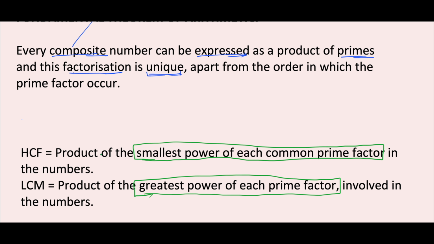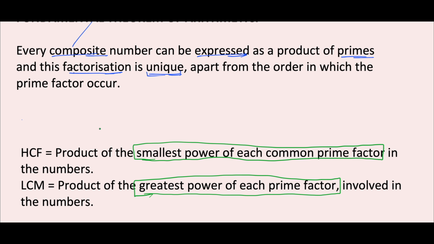I hope you have understood the difference between the HCF and the LCM. The LCM is the least common multiple, meaning it is a multiple which comes in the table of each of the given numbers, and it is the smallest among all the multiples. And the HCF is the greatest among all the factors.